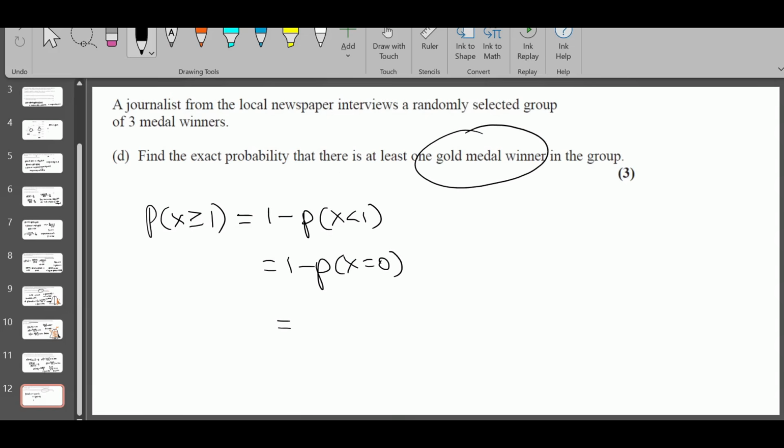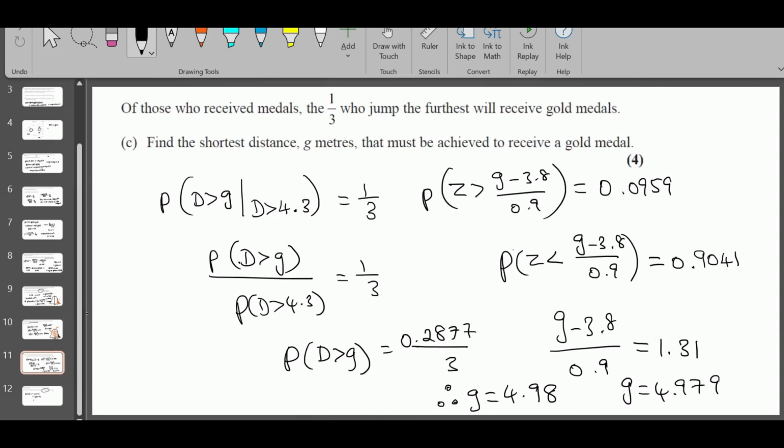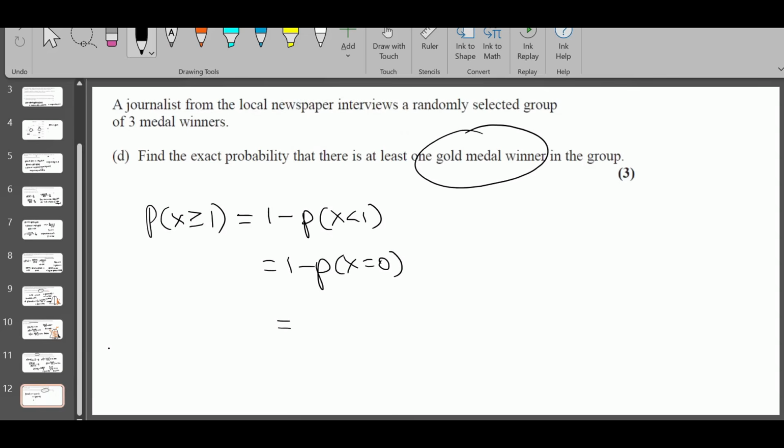If you look at the previous part, 1/3 is a gold medal winner. So the probability of success here is 1/3. Probability of failure is 1 minus p, that's 2/3. So X is 0 means all three are not gold medal winners.